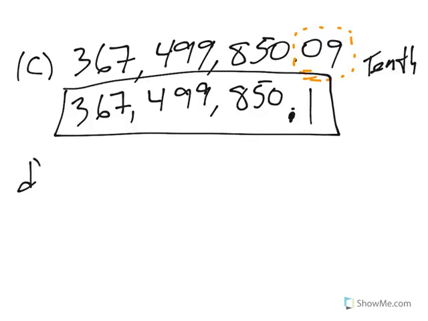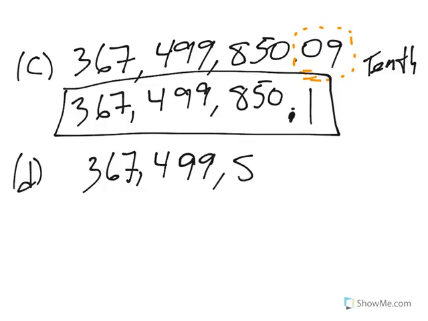And let's see if we can't put the last example on this same one. As tricky as it is, I'm going to try. So we're rounding 367,499,850 and 9 hundredths to the nearest billion.